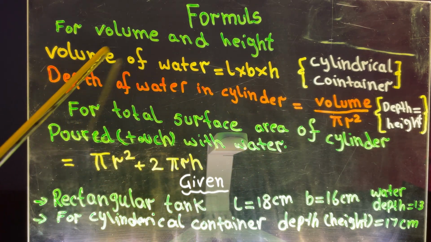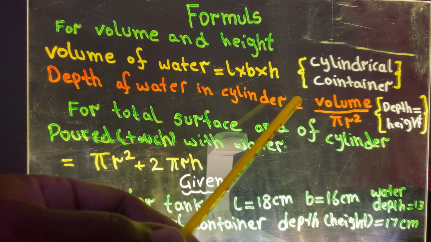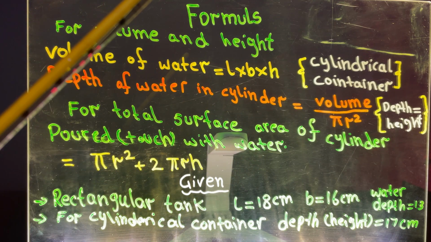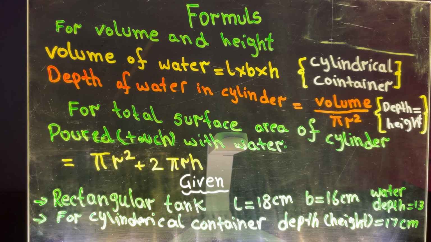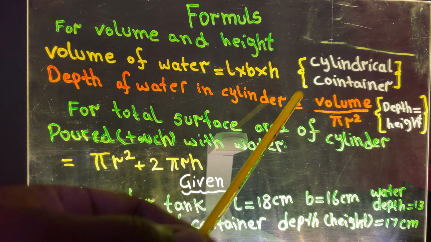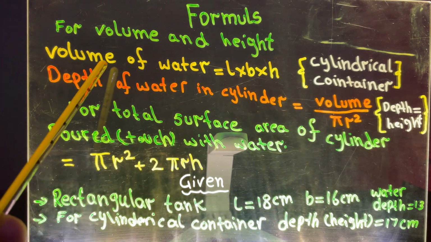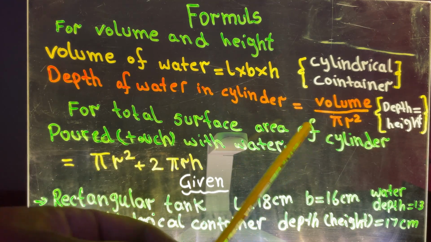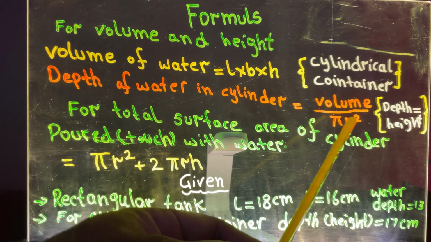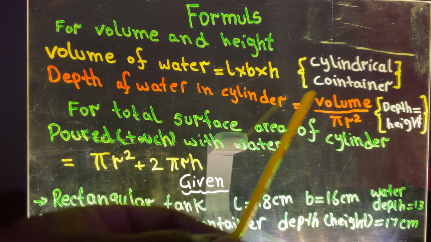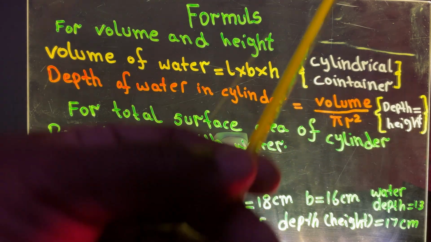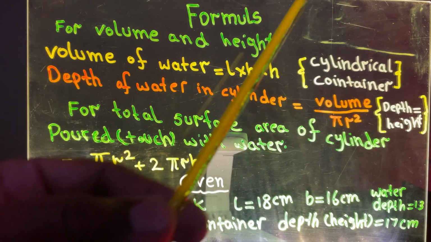We will use the volume of water, because the cylinder is in the rectangular water tank. So for the depth of water in the cylinder, we will use the formula volume of water divided by pi r square.